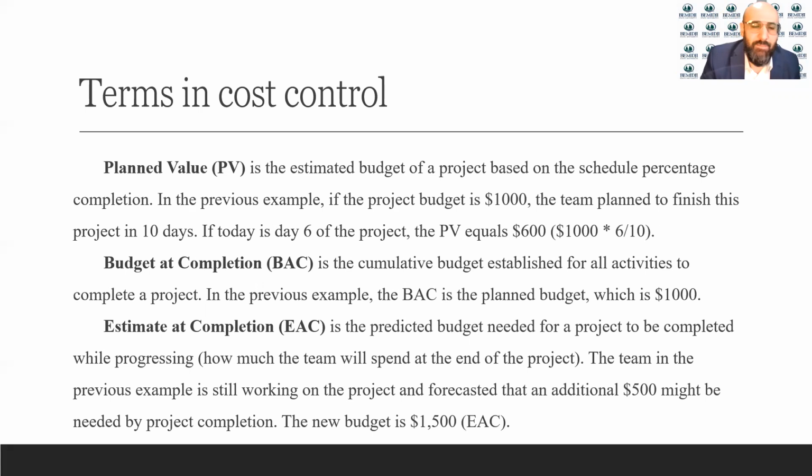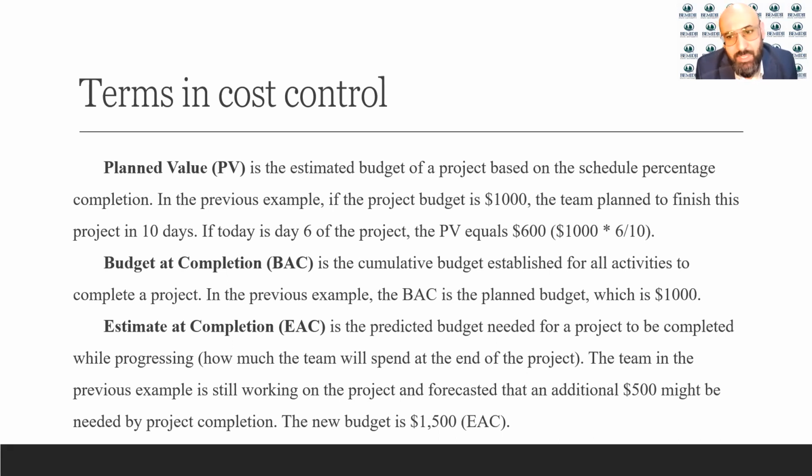Now, the planned value is the third concept that we need to be familiar with. It is the estimated budget of a project based on the scheduled percentage completion. In the previous example, if the project budget is $1,000, the team planned to finish the project in 10 days, and today is day six of the project, the planned value is equal to $600.